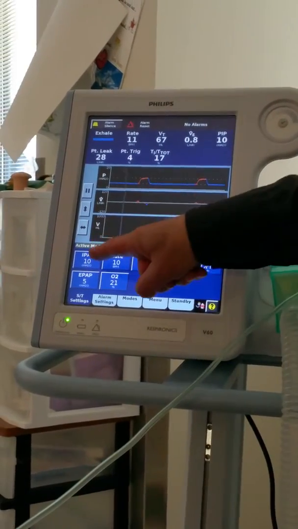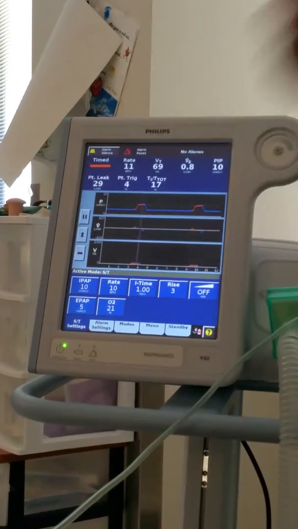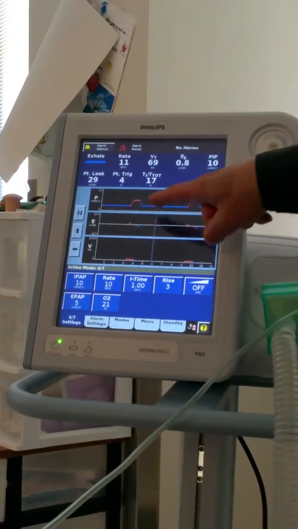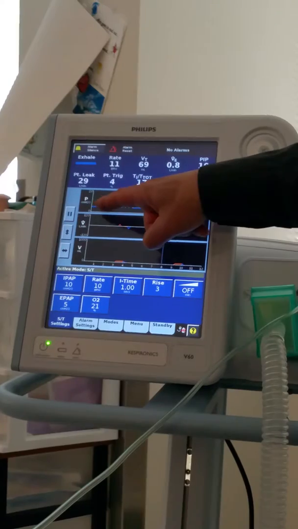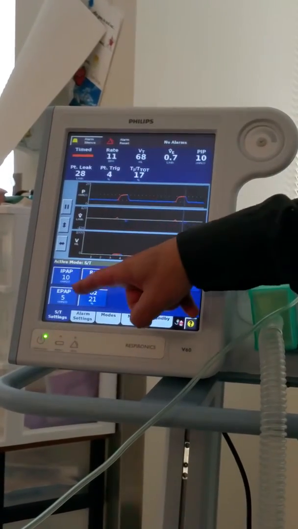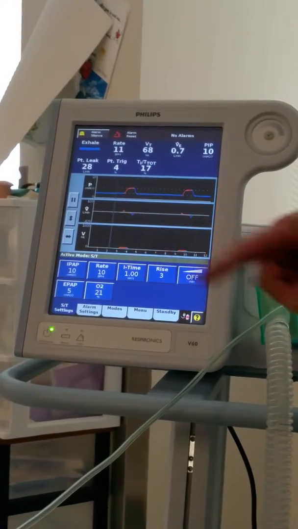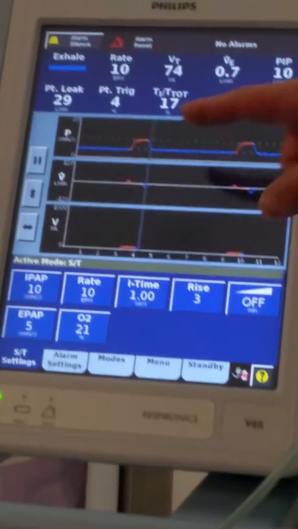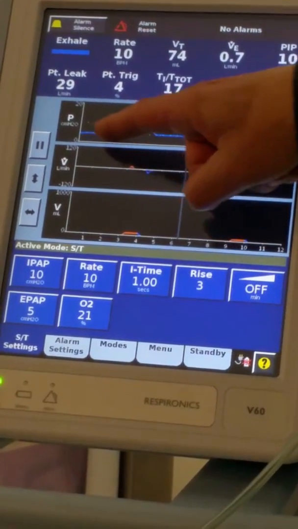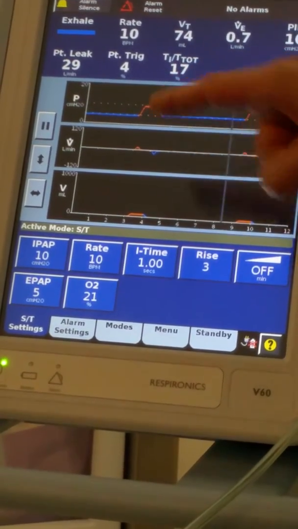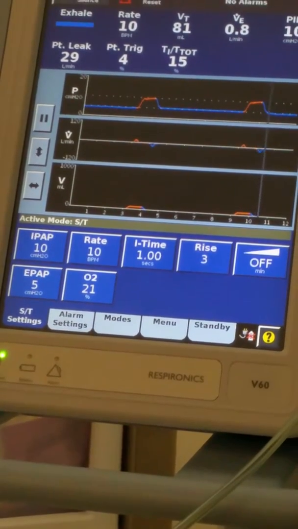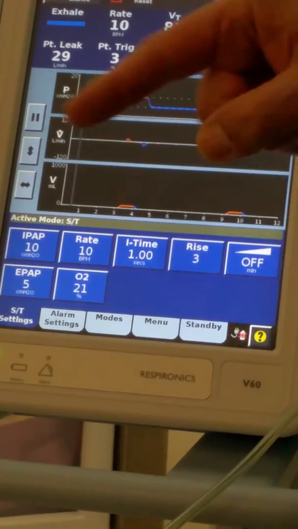It's the difference between your inspiratory and your expiratory. Look at your pressure curve. The blue line right there, that's your EPAP. And the yellow line is your inspiratory, or IPAP. So the difference between that point and that point is the pressure driving the tidal volume into the lung.